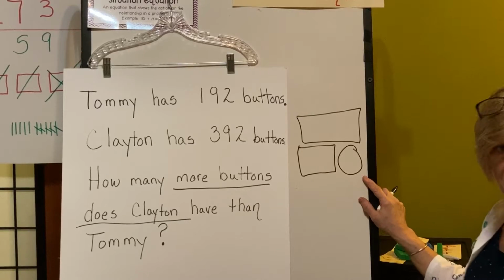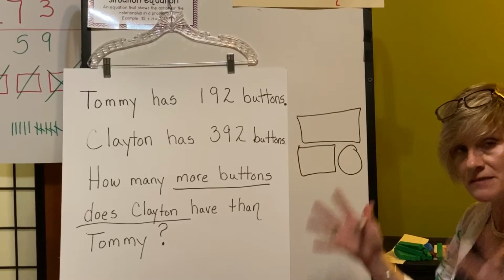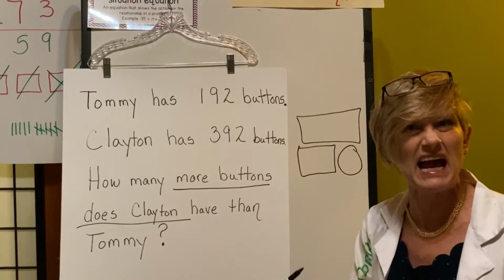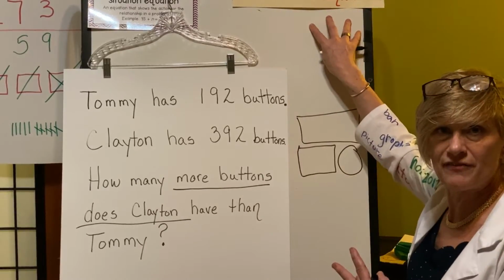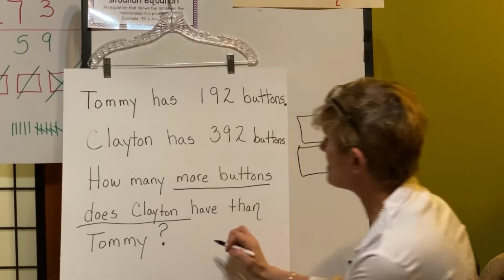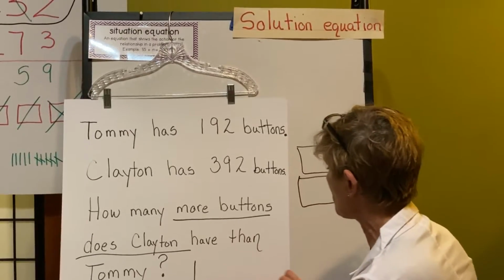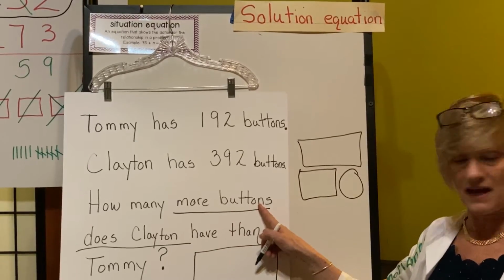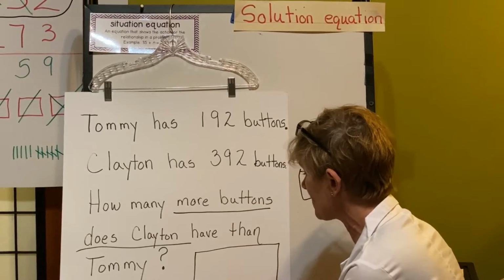Yep, that's my comparison bar. The comparison bar is powerful. Once we know where to put the numbers, then we kind of know how to solve it. So anytime Mrs. Seitz is looking at a story problem that starts talking about how many more than the other, I always get that comparison bar going.